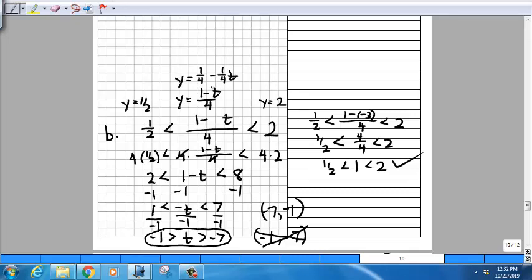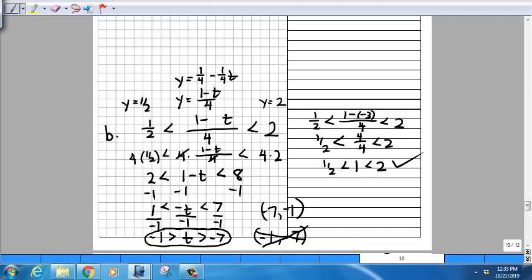You can break that fraction into 2 parts. You don't have to make the graph, I'm just trying to point this out. When you break this up into 2 parts, you get 1/4 minus 1/4 times t, and that's a linear function. The slope is minus 1/4, and the y-intercept is 1/4. So when you graph this formula, you also get a straight line.